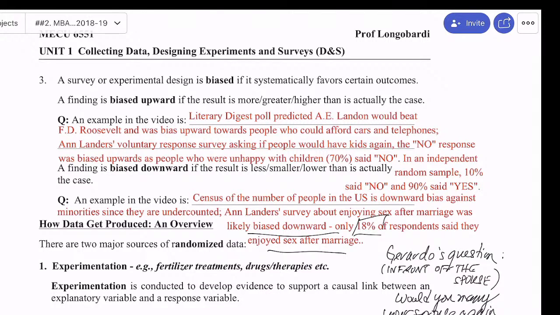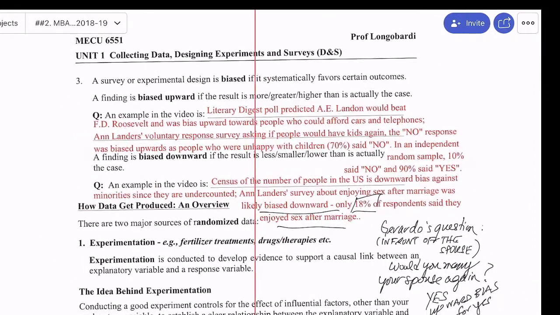What would be the answer? It would be yes, right? So that would be upward bias for yes, because you wouldn't want to tell the truth if you weren't happy in front of your spouse.